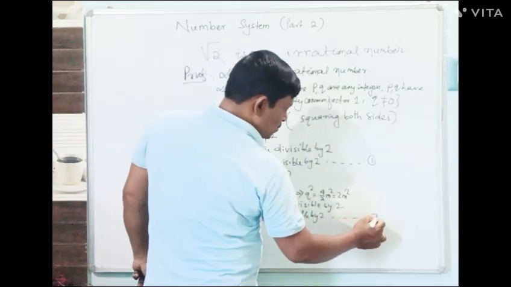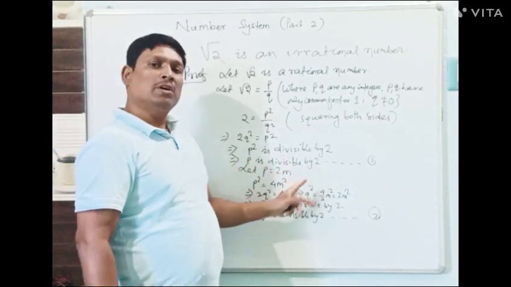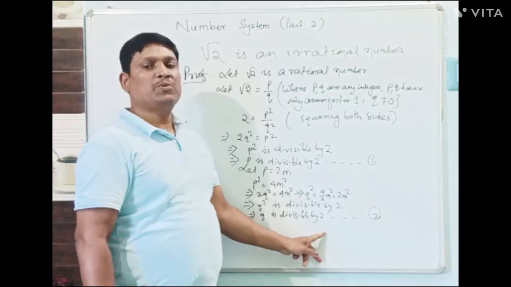Let this be 2. So from 1, p is divisible by 2, and from 2, q is divisible by 2.